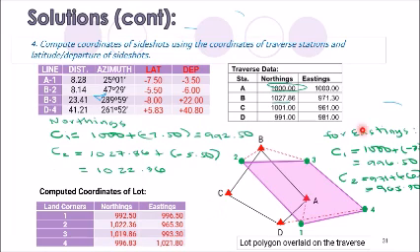And then for the departure, you have 971.30 plus positive 22.0. So that's why you have 993.30.